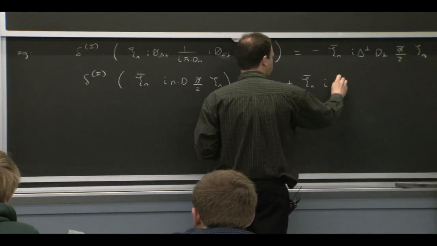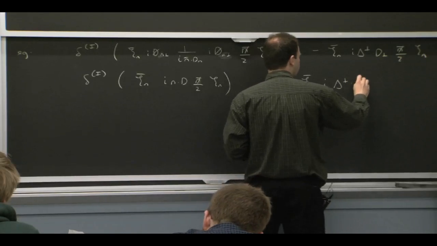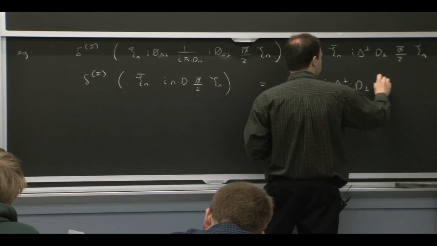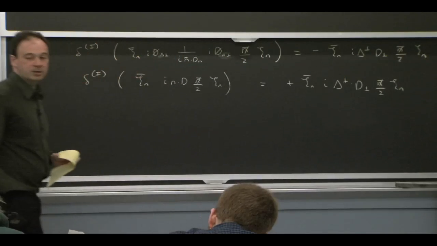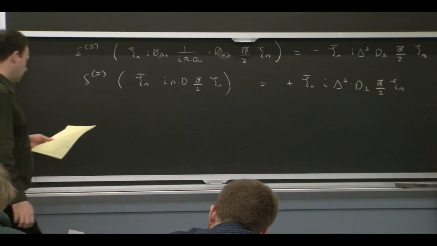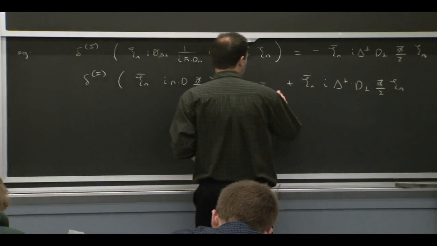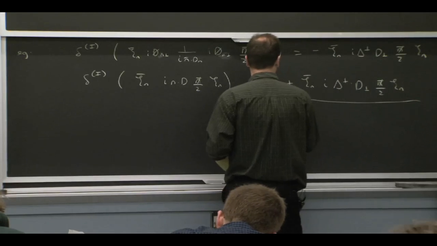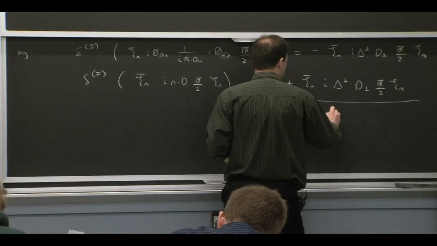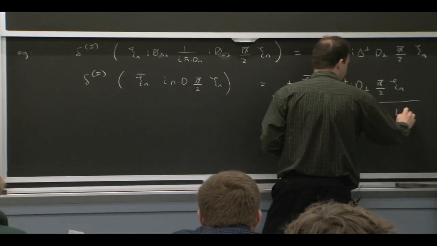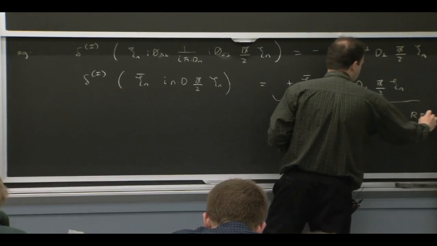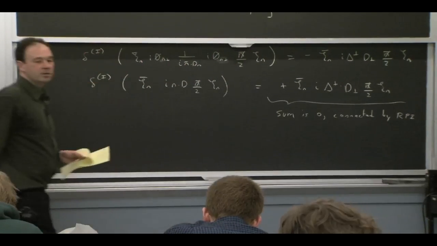So these two operators are connected by reparameterization invariance. The sum of them is reparameterization invariant, and that looks good. So the sum is 0, connected by RPI, and that means, for example, that you couldn't have any non-trivial Wilson coefficient between them or anything like that.